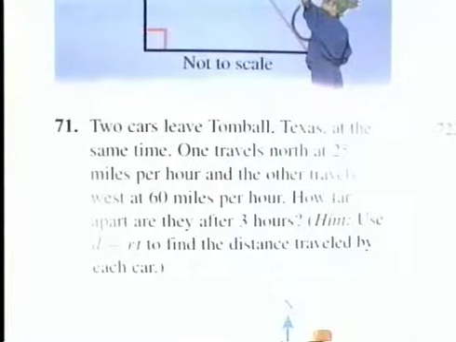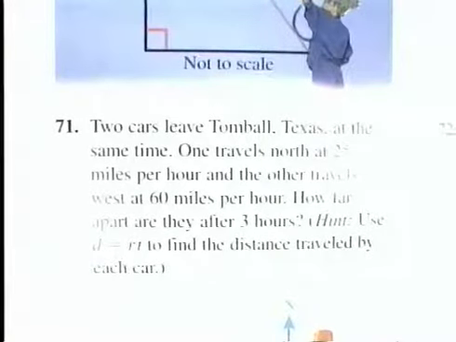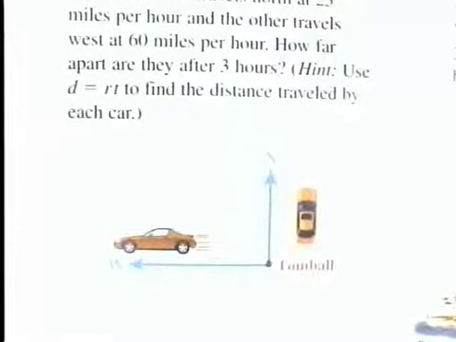Okay, this is the two cars leaving. So we have two cars leave a place in Texas, Tomball, Texas, at the same time. One going north at 25, the other going west at 60. So that means they are at right angles to each other. And you want to know how far they are after 3 hours. And the diagram, in case you are having problems with north and west, is given to you.